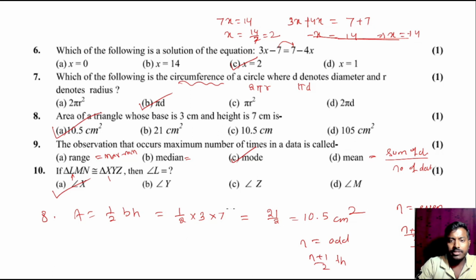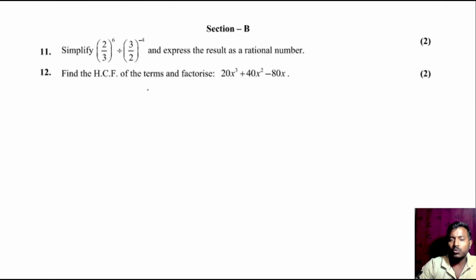Now next, question number 11, 2 marks. Simplify and express the result as a rational number. Okay, so first write down 2 by 3 whole to the power 6 divided by 3 by 2 whole to the power minus 4.